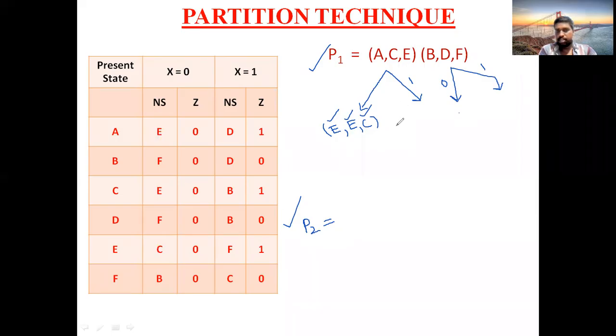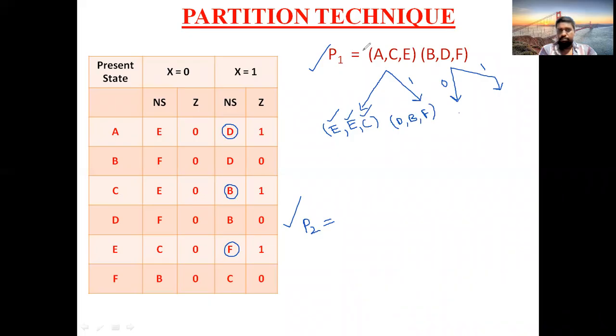Likewise, what is the 1 successor value of ACE? State A, when input is 1, it is going to D. It is going to D, comma. Next is C, it is going to B here. When input is 1, it is going to B. Next, E, it is going to F. Okay, so DBF is the 1 successor value of ACE.